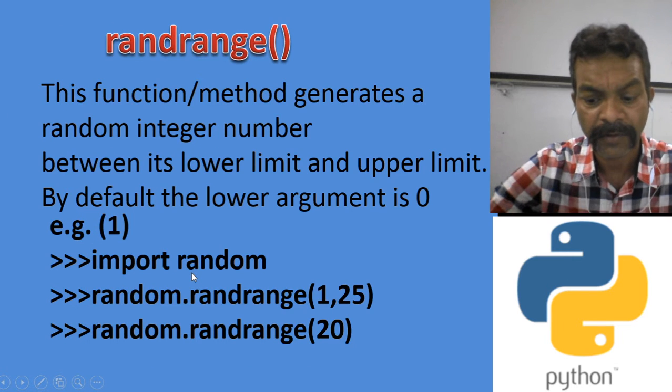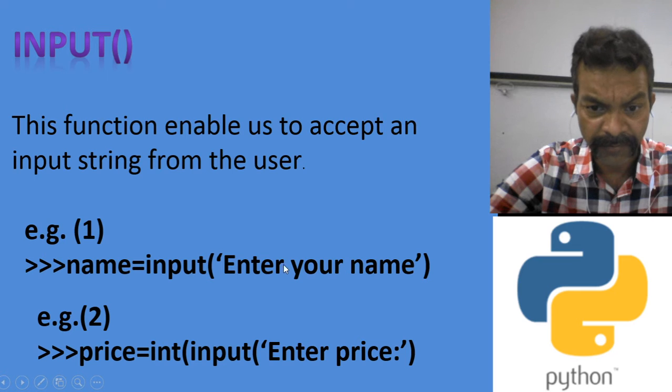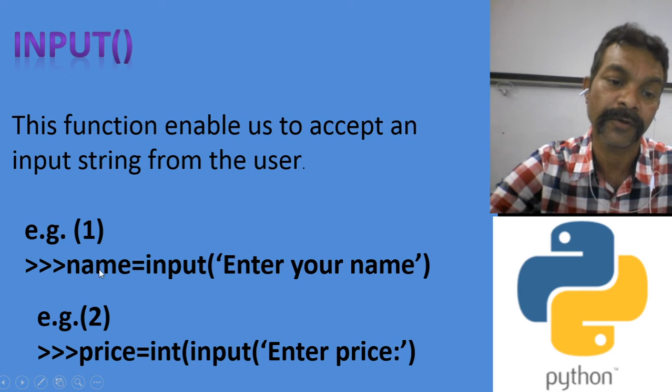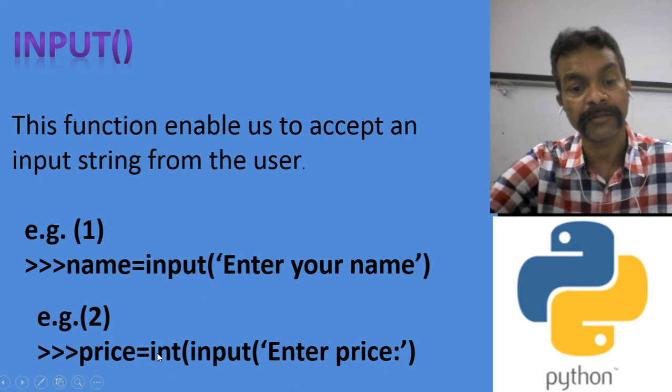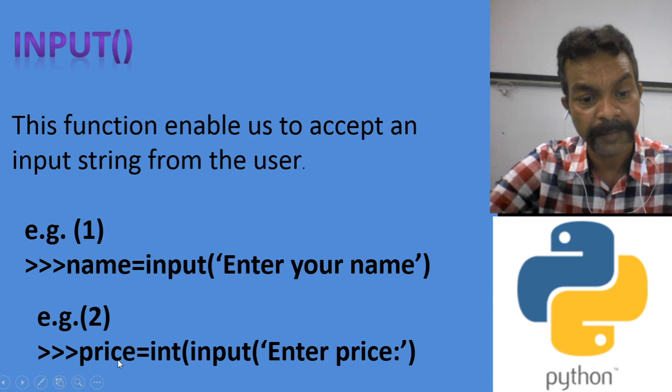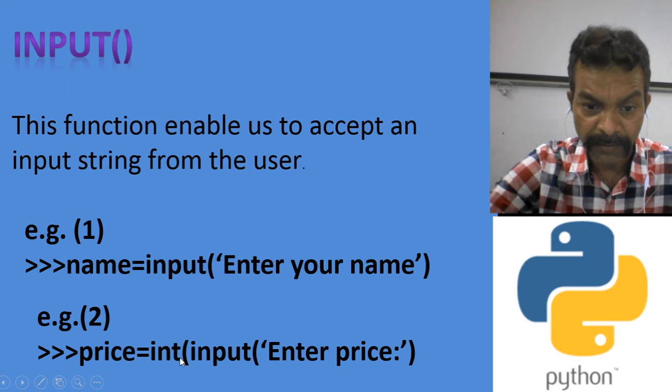Whatever string we insert here will be stored in the name variable with the help of the input function. One more example: price = int(input("Enter price")). The user will insert an integer value here, and that value is stored in the price variable.